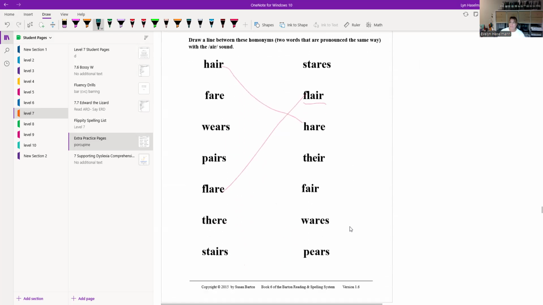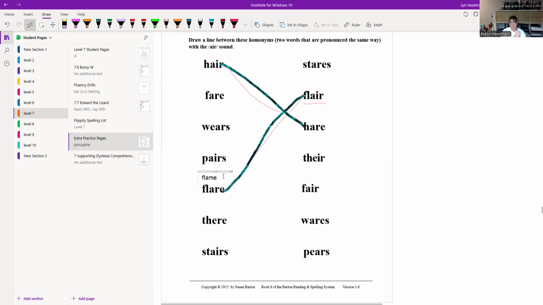Draw a line between these homonyms, words that are pronounced the same way but mean something different. Only the ones with the air sound. So what do we have? We've got hair as in the one on your head, hare as in the rabbit. Flare, meaning the flame. I always tell kids that this is related to the word flame. And flame is spelled F-L-A-M-E.